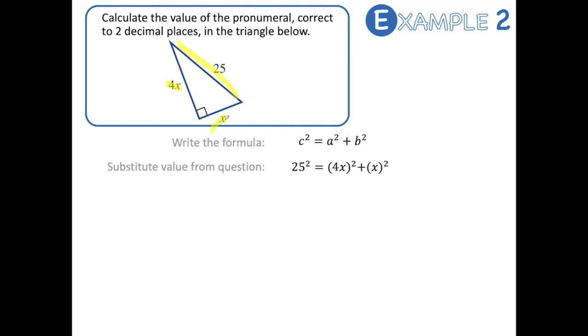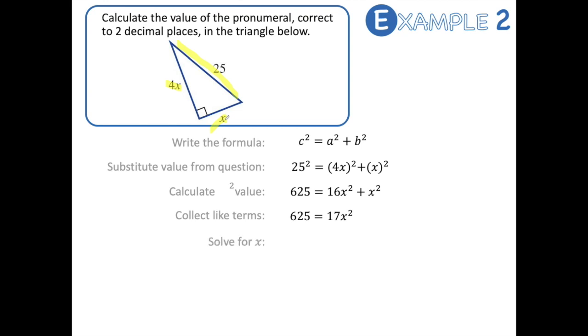Substituting in the values, so 25 squared is going to equal 4x squared plus x squared. So 25 squared is 625, 4x squared is 16x squared, and x squared is x squared. So collecting my like terms, 625 is going to equal 17x squared. So now I can solve for x.